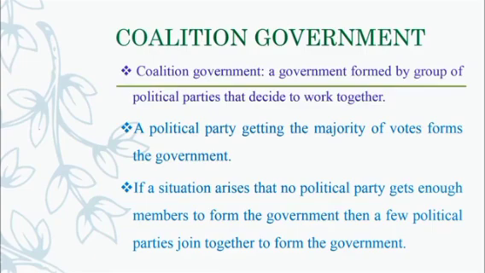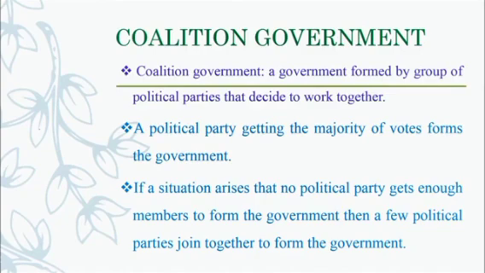In other words, a political party getting the majority of votes forms the government. If a situation arises that no political party gets enough members to form the government, then a few political parties join together to form the government.